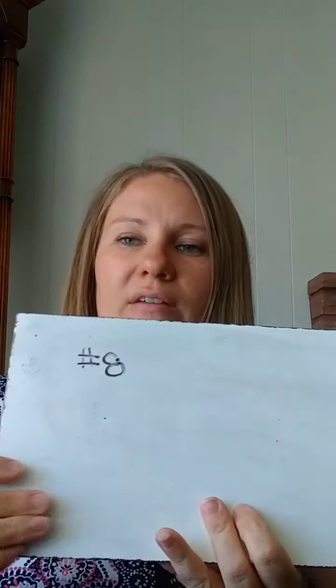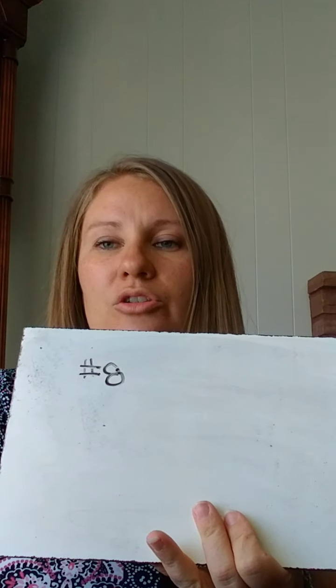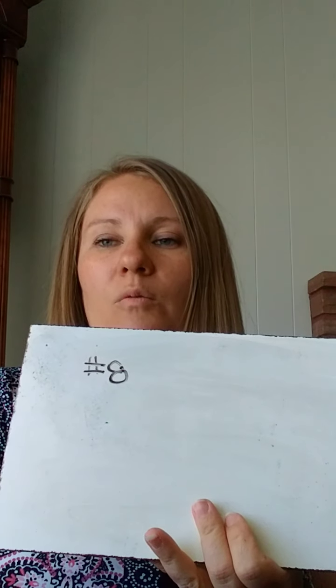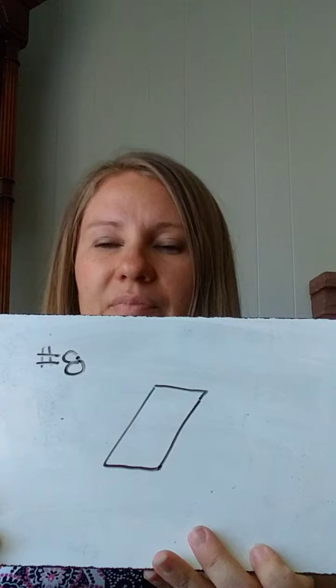Hassanah built a square frame using pieces of wood, but when he leaned against it, the frame shifted to this shape. What word does not name this shape? So our shape is this shape.